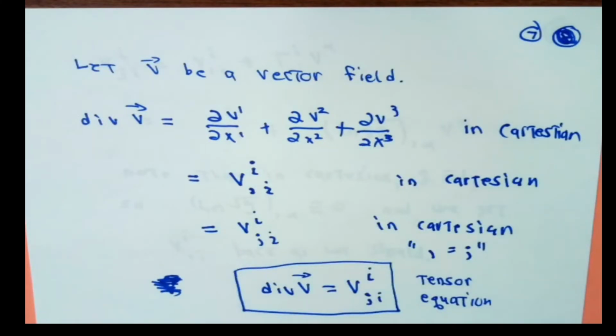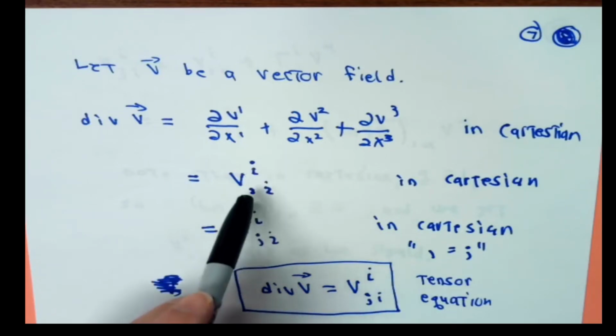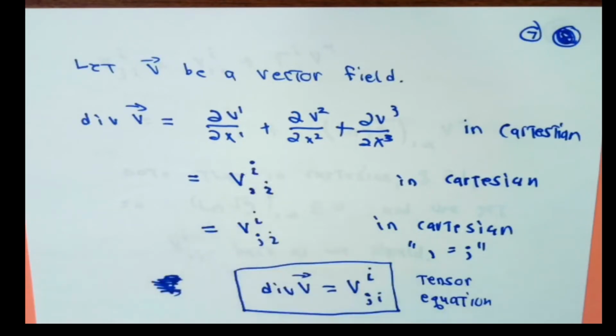Obviously, because I have upstairs and downstairs things going on, I could write that as v with index i upstairs, comma i downstairs. This is an expression for the divergence of V in Cartesian coordinates.